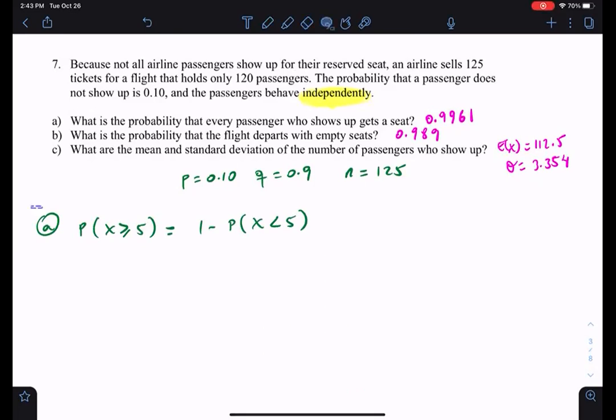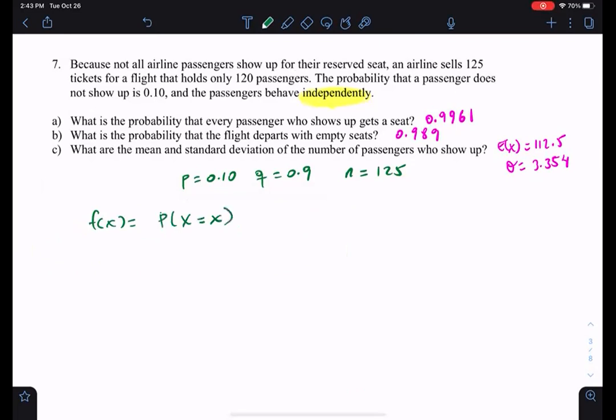Before I do part A, the distribution is: the probability of the random variable x equals little x is n choose x, p to the x, q to the n minus x. Okay, so this is a binomial distribution. I know it's binomial because the passengers behave independently.